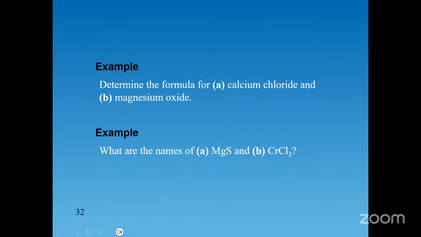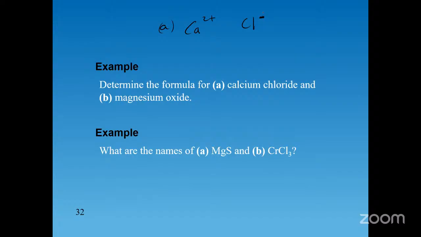The first one is for you to determine the formula of calcium chloride. So how would you do this? Well, what you would do is look up the formulas for the calcium ion and the chloride ion. Of course, those will be available in the tables. Now, the key thing you need to remember is that the total charges must cancel out each other.